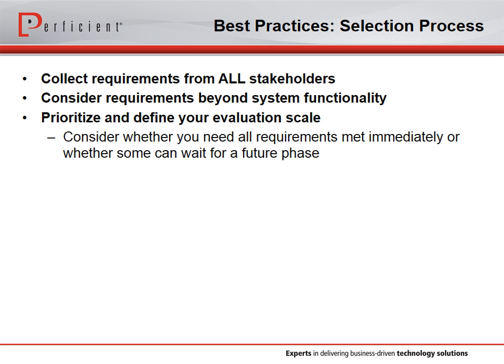Once you have all of that input, you want to ensure that everyone's needs are addressed by the list of requirements. Don't forget to consider both where you are today and where you plan to be in 2 to 5 years. You're going to want to implement a system that can support you as you grow and that has the ability to scale.